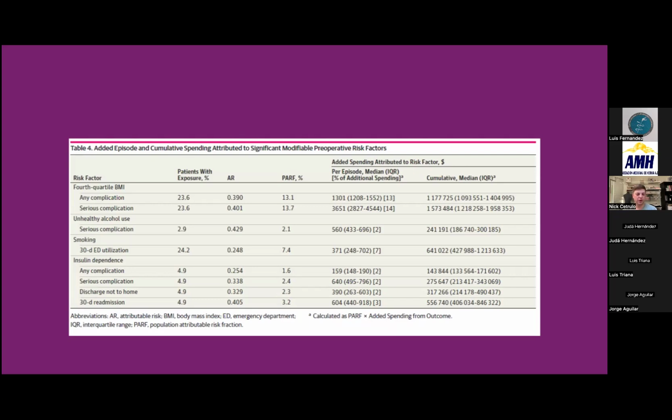As you can see, smoking and fourth quartile BMIs, a BMI of 40 or greater, have all of these increased risks and increased expenditures compared to if you can avoid these complications. So really paying attention to these modifiable risk factors and identifying your patients who you think are going to have more complications and more risk is a really important way to have an efficient practice, to get patients out of the OR and out of the hospital in good order, and to keep your costs down.